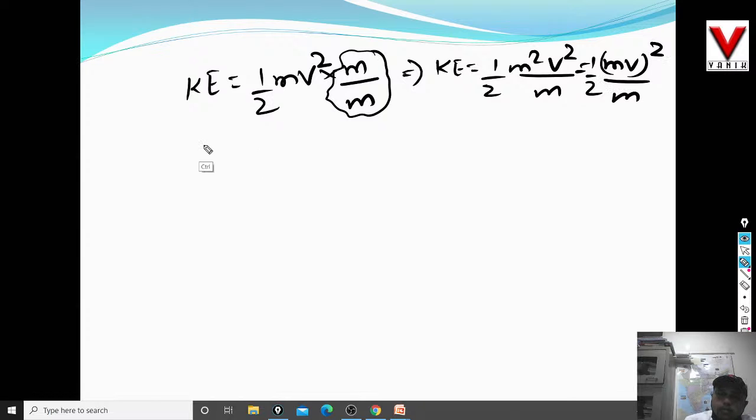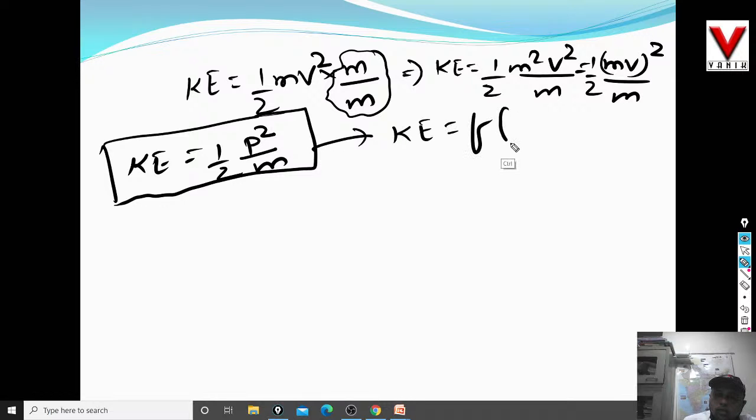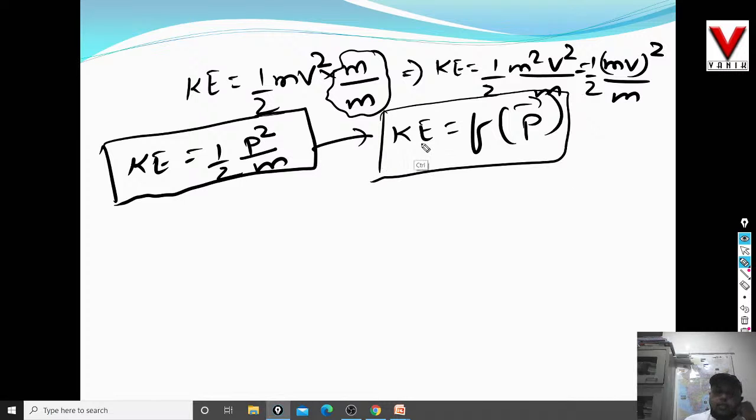So I can write kinetic energy as half into p square by m. This is the expression of kinetic energy in terms of momentum. So kinetic energy is also a function of momentum. I hope it is clear to you all.